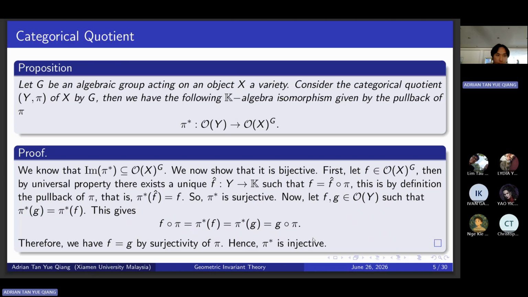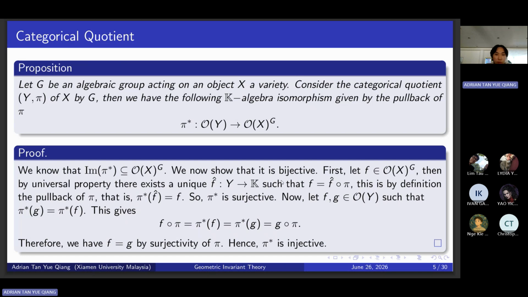One important thing is that this will serve as a motivation as to how we construct the affine geometric invariant quotient. From just now, the pullback is actually not just contained in the image of the G-invariant regular functions. It is actually isomorphic. To see this is pretty easy.